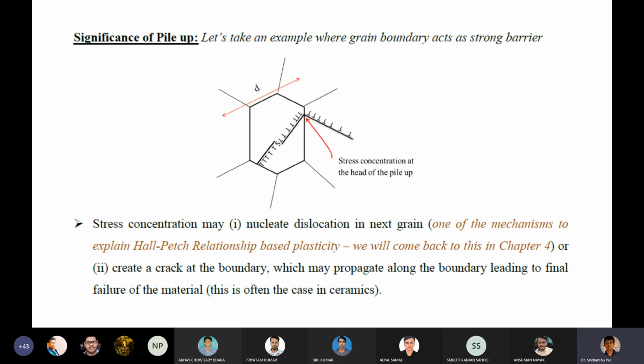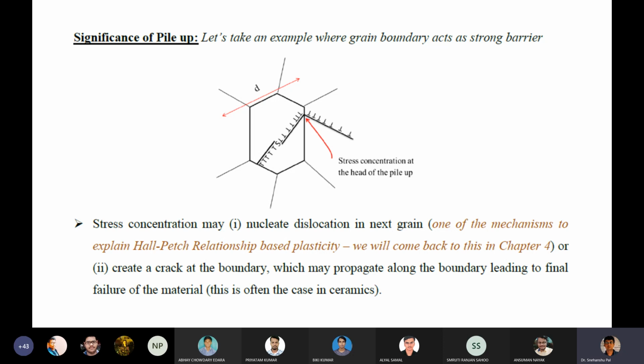If you take an example where grain boundaries act as a strong barrier, then what will happen? Stress concentration may nucleate dislocation in the next plane, and that is one of the mechanisms to explain the Hall-Petch relationship based plasticity. Hall-Petch relationship, I think everybody knows about that.